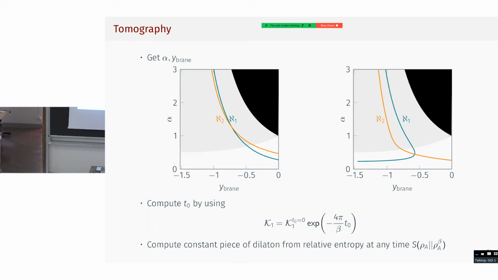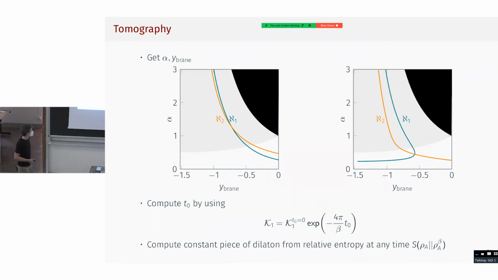Gray here is the region that would be excluded if we use the stronger bound. We don't really have a proof for this, but we looked at this extensively numerically, and there is only one intersection of those contours. So from this, you can read off alpha and y brane.